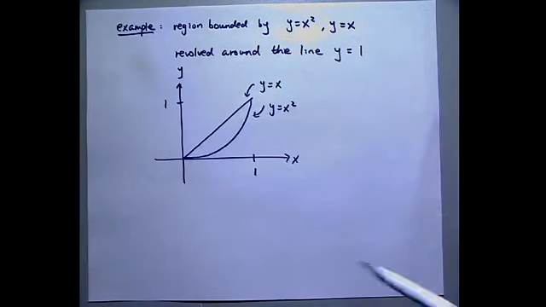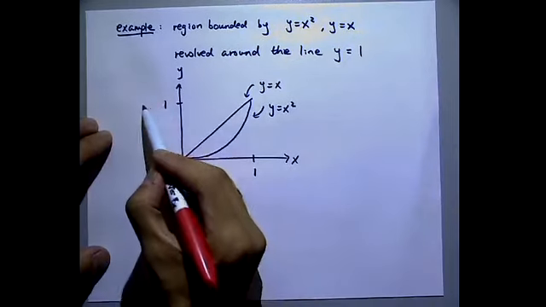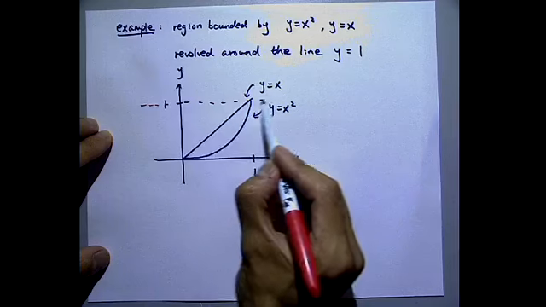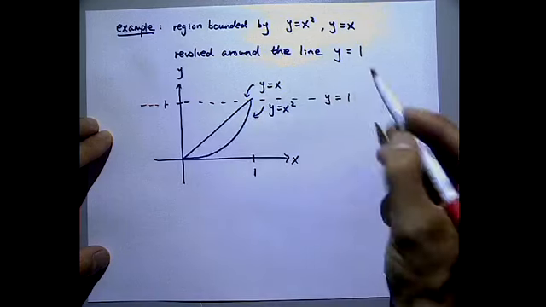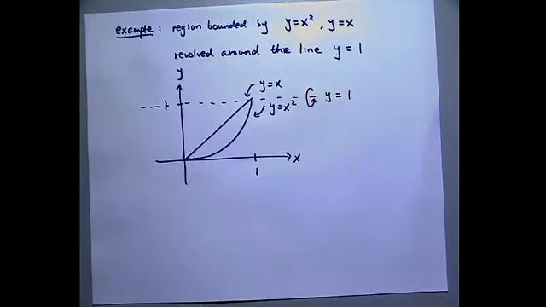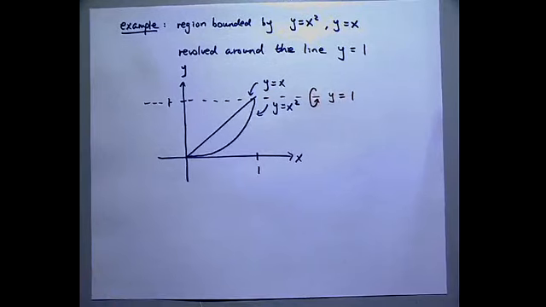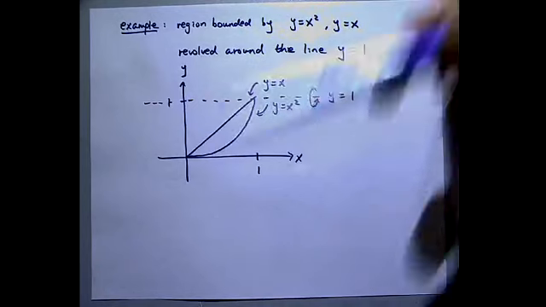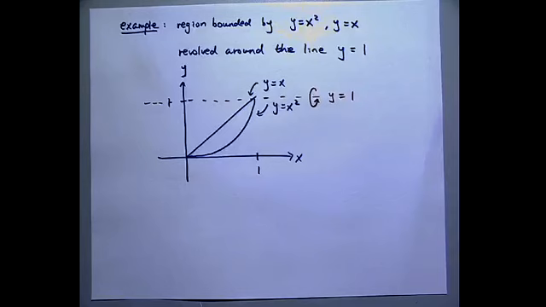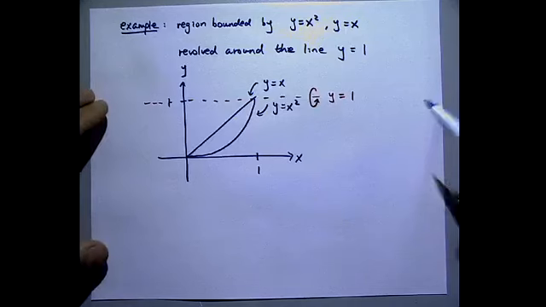So we're going to revolve around the line y is equal to 1 this time. Okay, and when we revolve this around here, what do we get? Yeah, I like to think of this being the shape of the last one, but turned inside out. If you could actually do that. If you flip it inside out, we get the shape here.